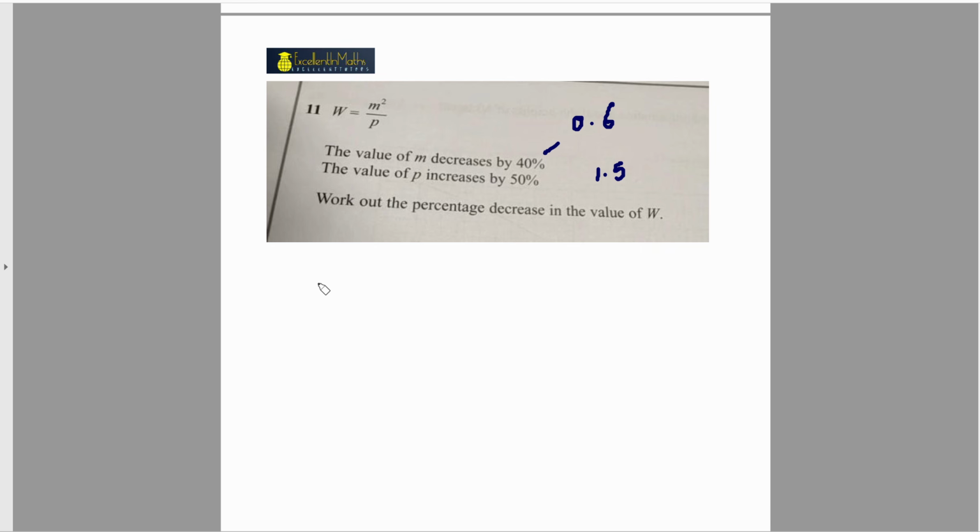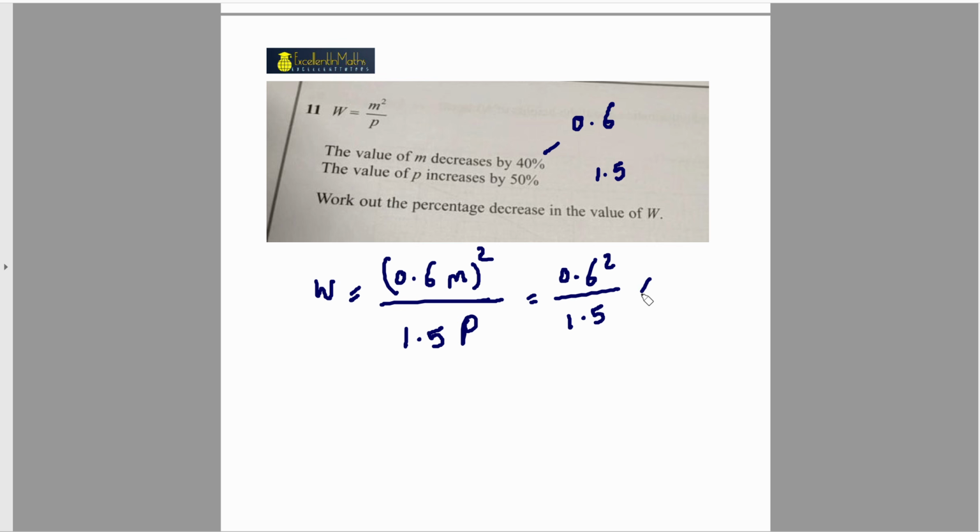When you sub them here, you get w equal to 0.6 times m, but then you need to square it, over 1.5 p. When you isolate the 0.6 squared and 1.5, you get 0.6 squared over 1.5 times m squared over p.